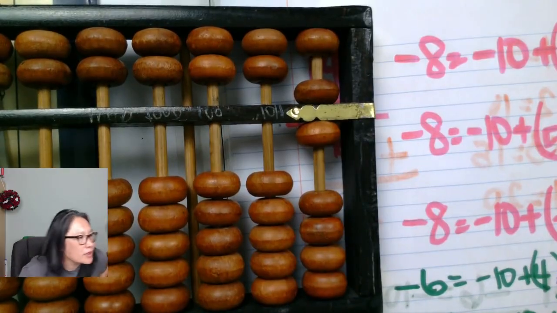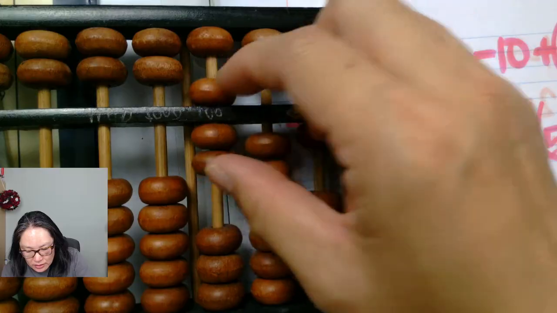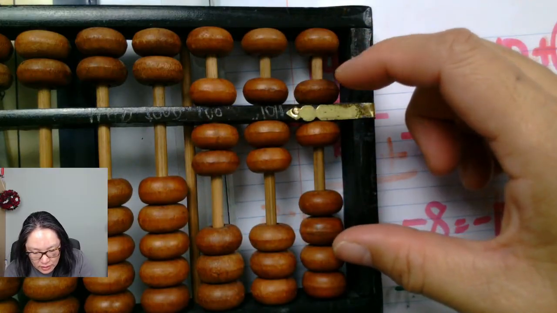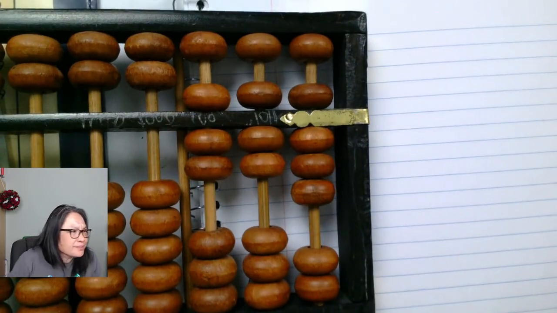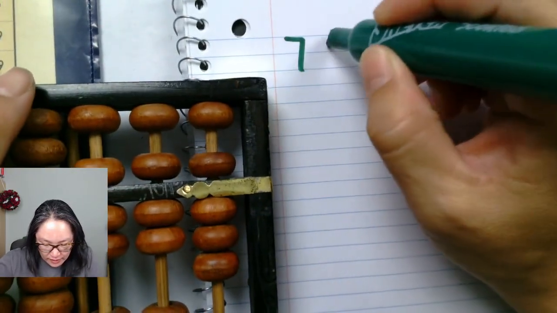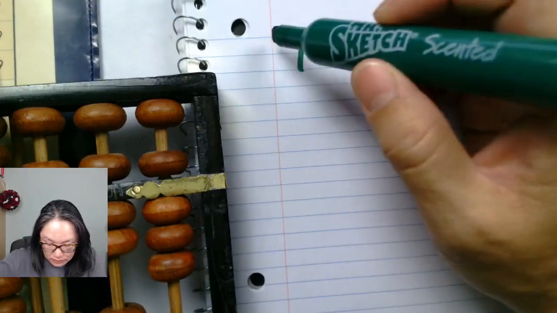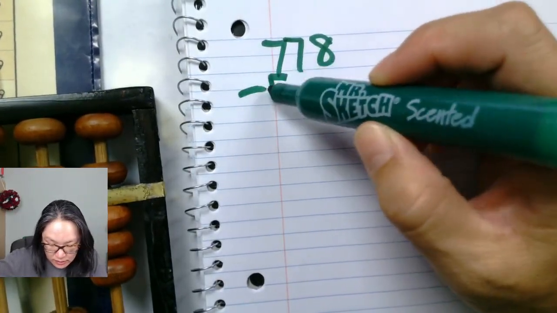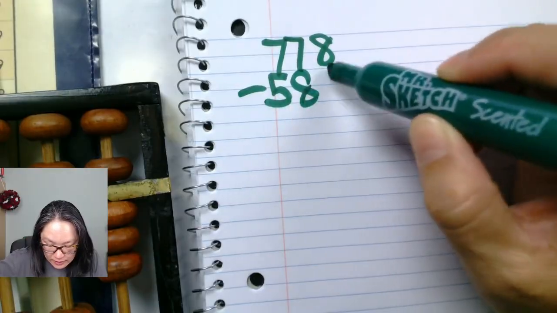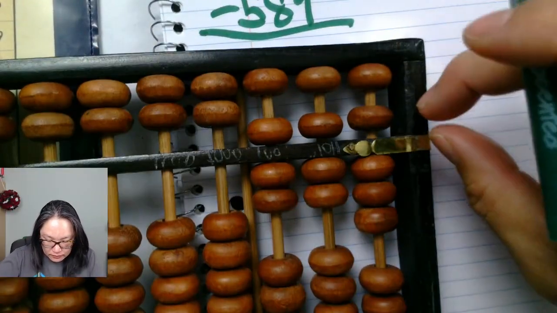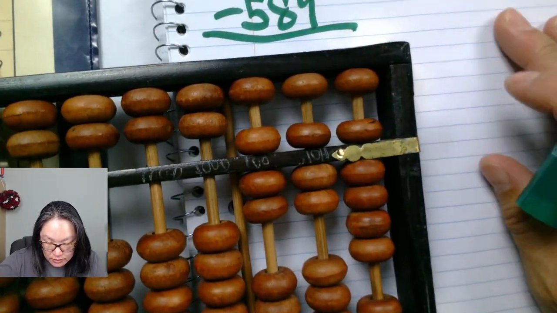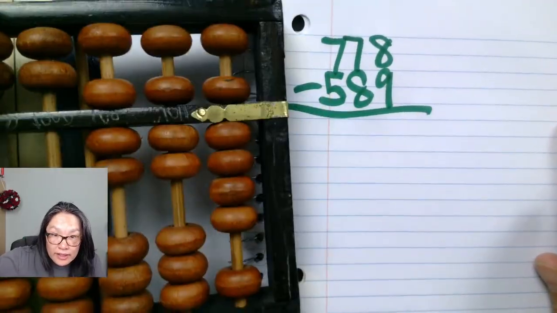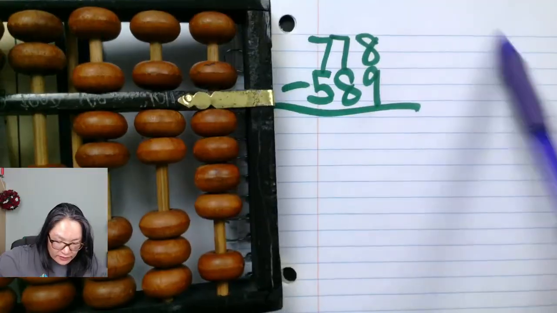So let's do this one. Let's do 778 minus 589. 778.